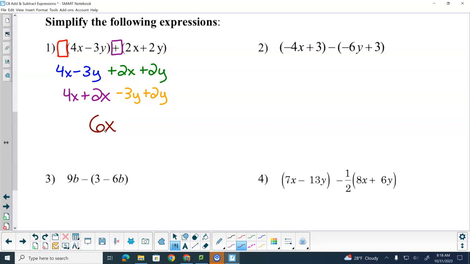Negative 1, right? Now, could I just write it as minus y, or do I have to write it as minus 1y? Either way will work. Less writing. Yep.